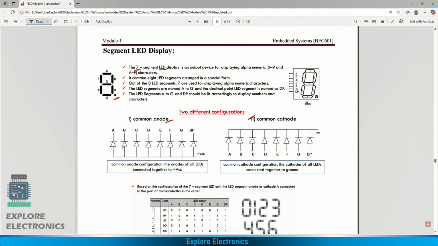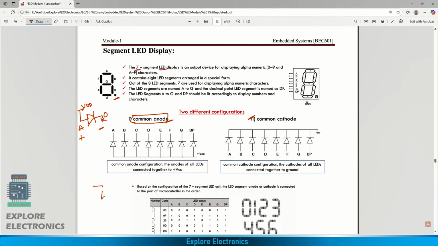Common anode in the sense what? In the diode, this is the anode, which requires a positive supply to connect. The cathode requires a negative supply to connect. Whenever we have a common anode type, the anode is already connected to supply, so we provide 0 from the cathode to turn on.